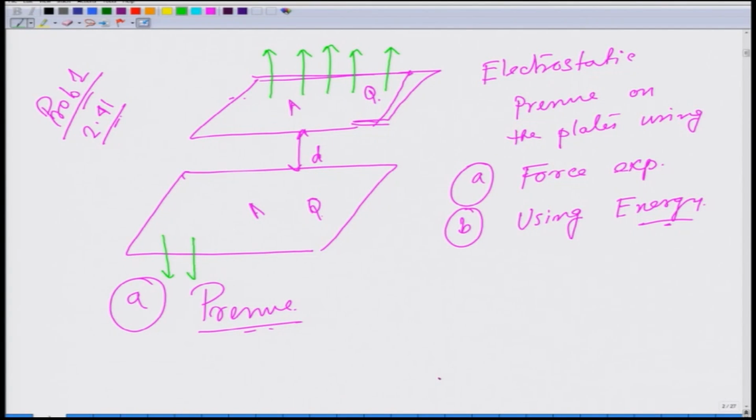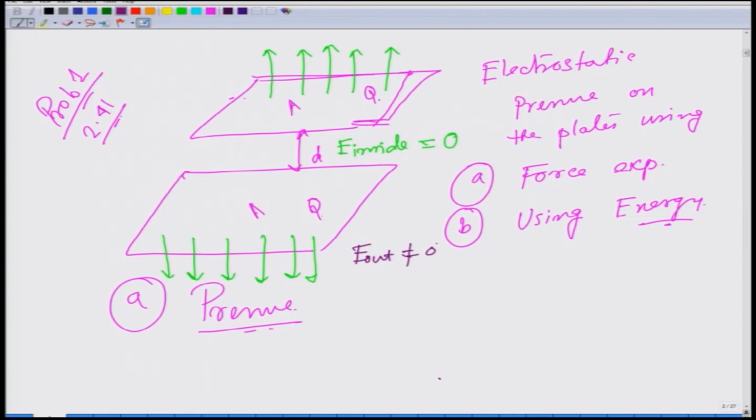Similarly for this plate it is like this going outward. Now you can see that inside this region between these two plates E inside is 0 and E outside is non-zero.